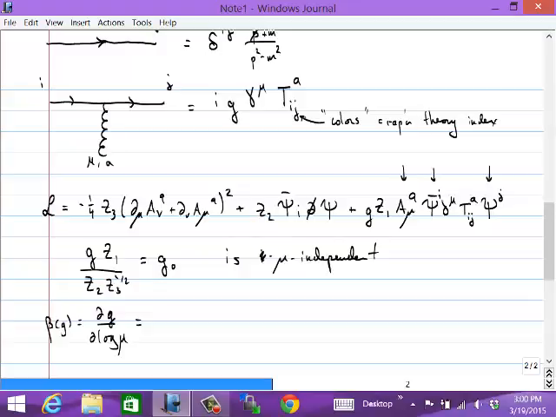Well, that's just the derivative with respect to the log of the RG scale of, well, I'll just write that as Z2 plus 1/2 Z3 minus Z1. Any questions on that so far? Good. And so this is the quantity that we're going to compute.